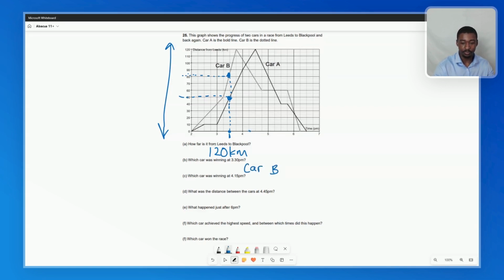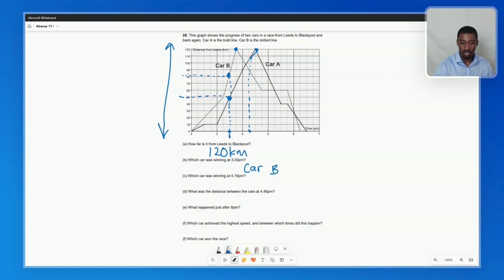Now for part C, we have to apply some logic and reasoning to answer this correctly, because we're asked again which car was winning, but this time at 4:15, which is around here. If we trace up, we see that although car A, the bold line, is higher than car B, the dotted line, car B has already reached Blackpool and is on its way back to Leeds, whereas car A is still trying to get to Blackpool.